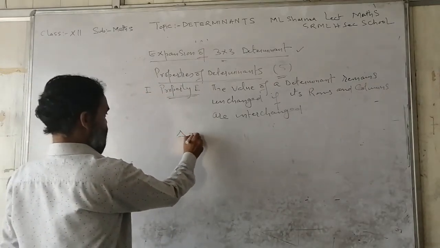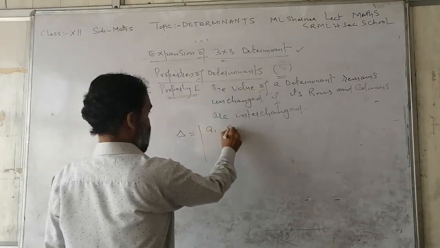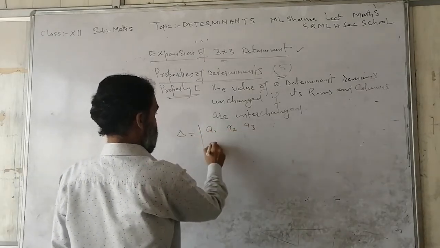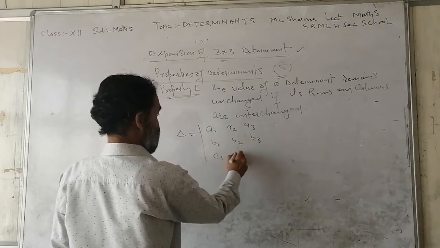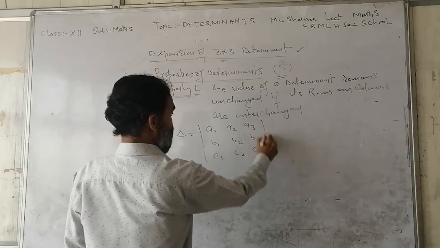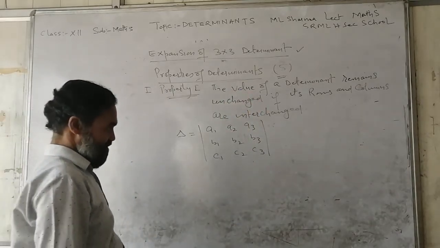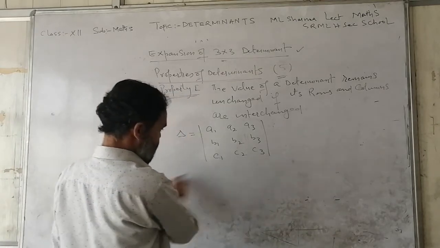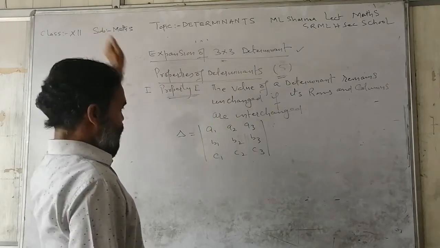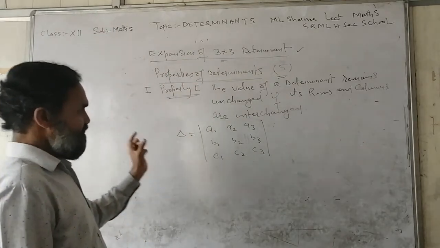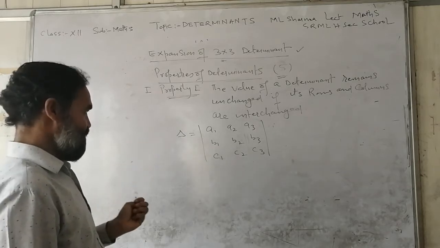According to this property, I can say if I have a determinant, this is a determinant of order 3, or a 3 by 3 determinant, its value does not change if I interchange its rows and columns.